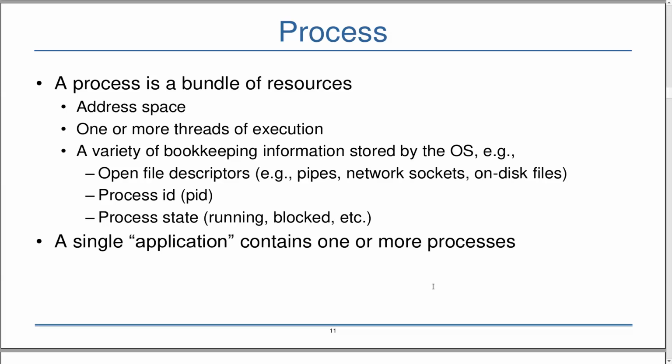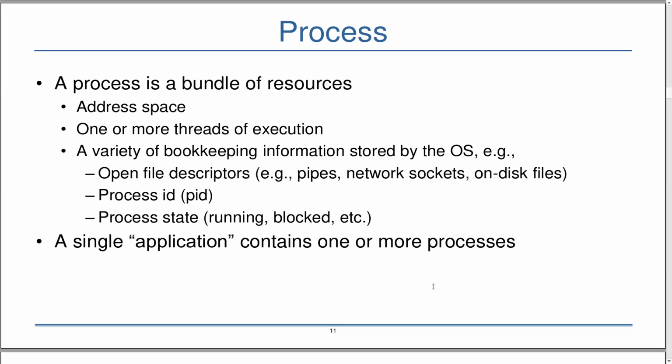So a process will have a variety of different information: file descriptors, pipes, network sockets, or whether you have a file open, or whether you have a network socket open. So it's going to be a file descriptor. Then there's a process ID.